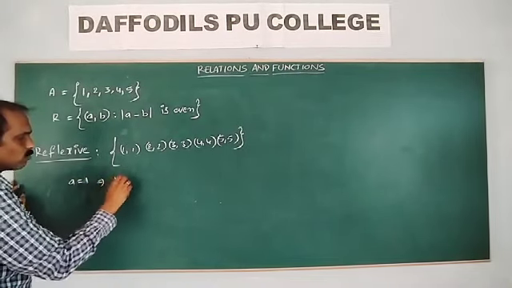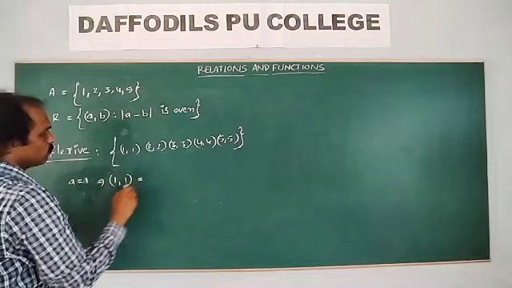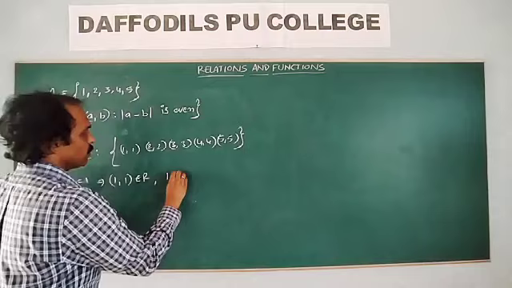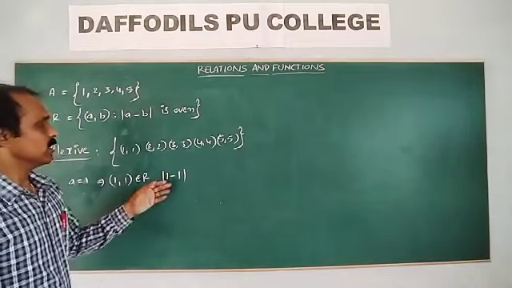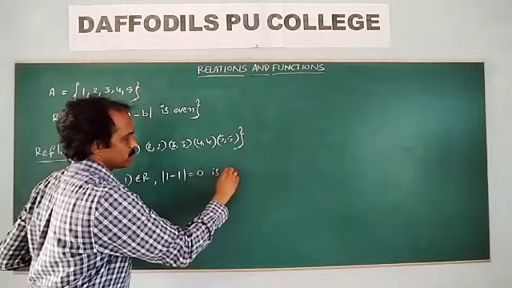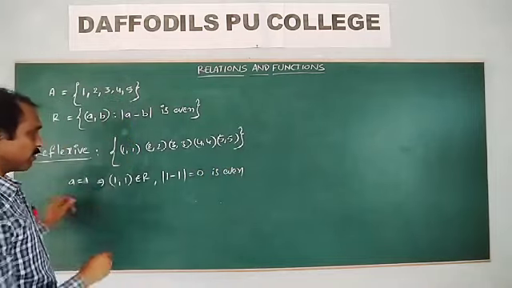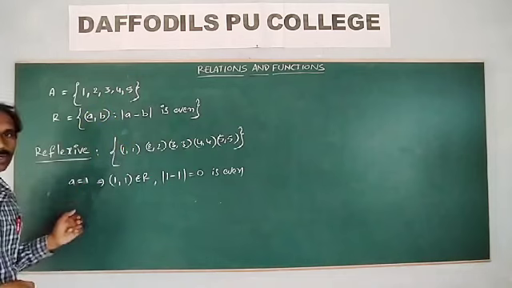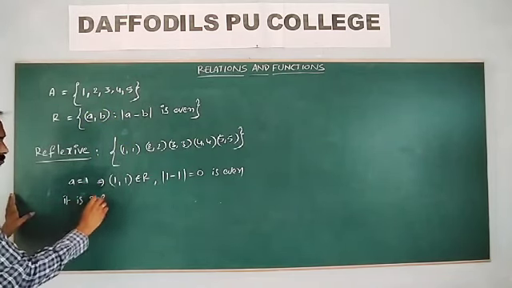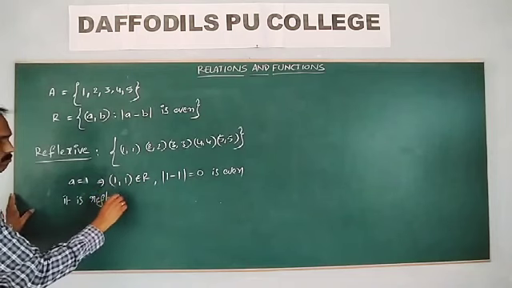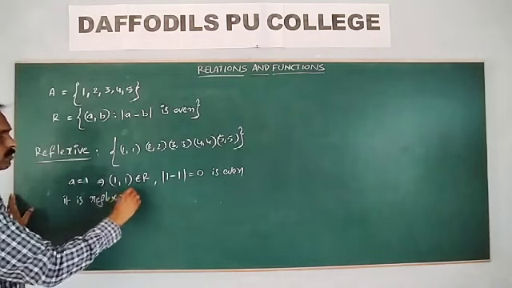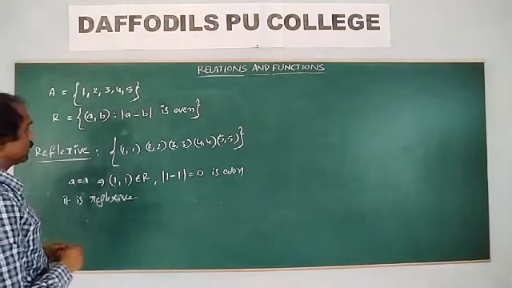Then (1, 1) belongs to R means modulus of 1 minus 1 is equal to 0, which is even. This holds for all elements of the given set, therefore it is reflexive.